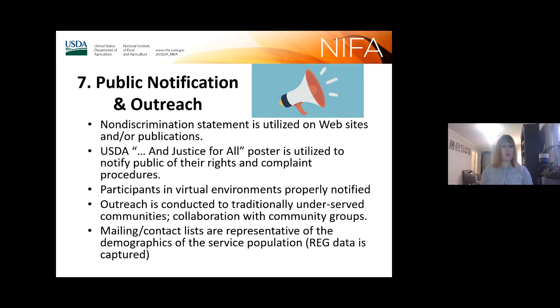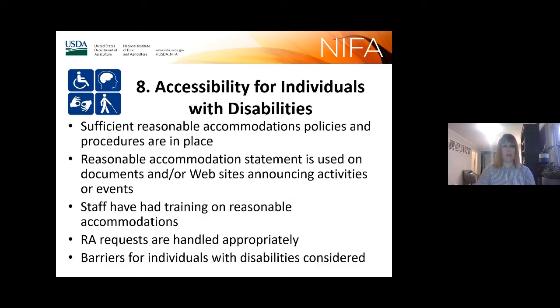It's not always going to be required or necessary that you know the demographic data of everyone you're conducting outreach to. But we want to see what kind of mailings and contacts you're doing, and if those are targeted specifically to address an underrepresentation, to document that as well.